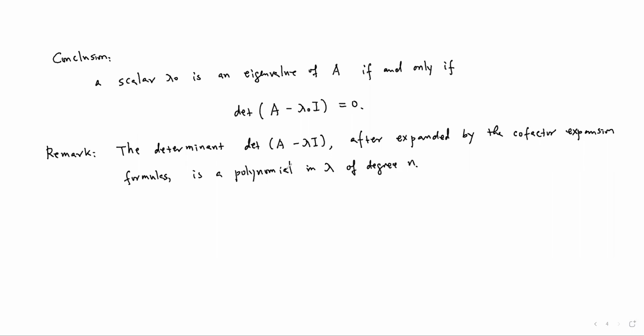Suppose that A is n by n. I will show you examples of why this determinant is a polynomial of degree n.